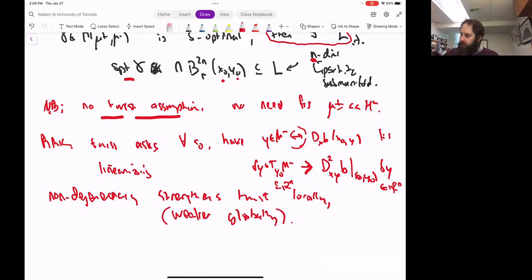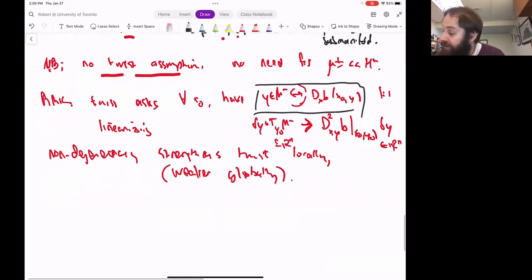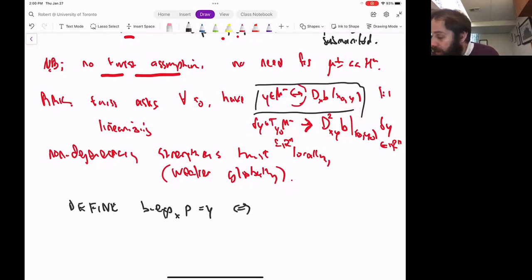And the other thing about non-degeneracy is, remember when we said, okay, let this map be one to one, and then define the cost exponential. We define b exponential at x, p equals y if and only if p equals the derivative with respect to x of b at x, y.